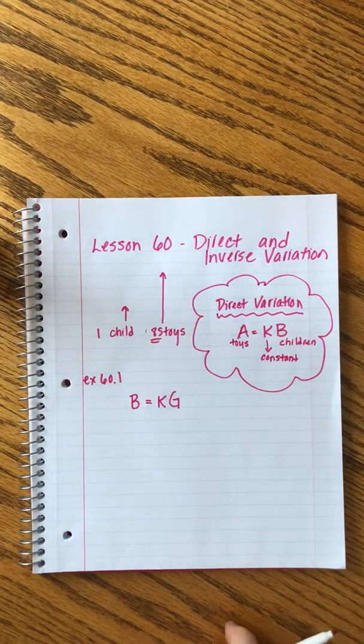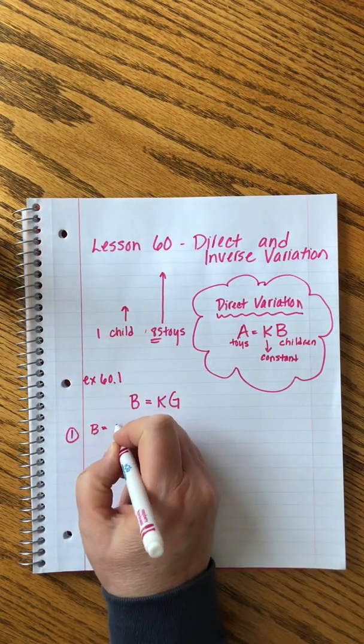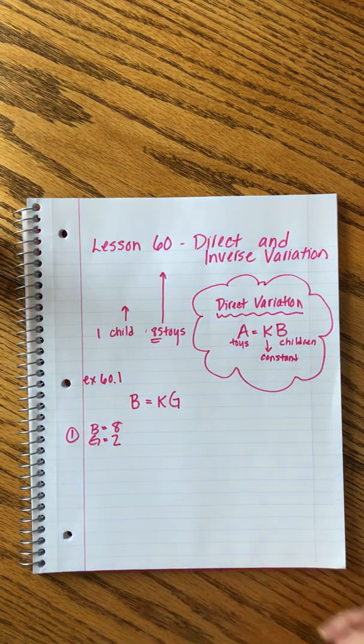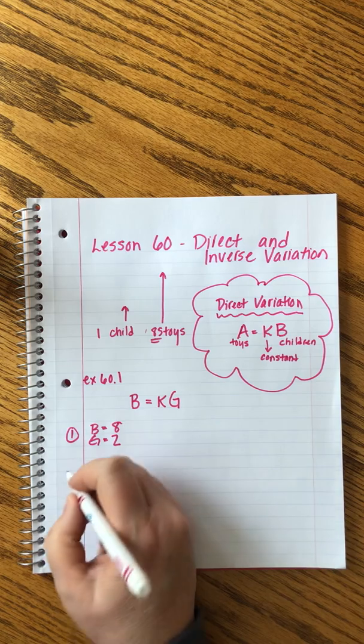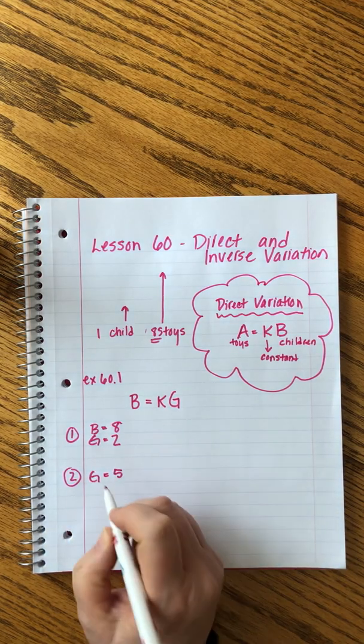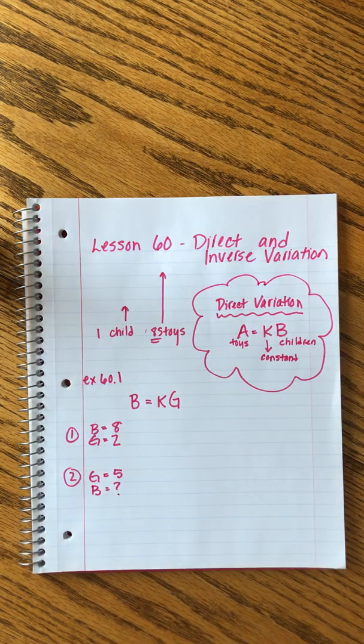In one room, there are 8 boys and 2 girls. Okay, so in one room, the number of boys equals 8, and the number of girls equals 2. If there are 5 girls in another room, how many boys would there be? Okay, notice how I'm jotting this down.